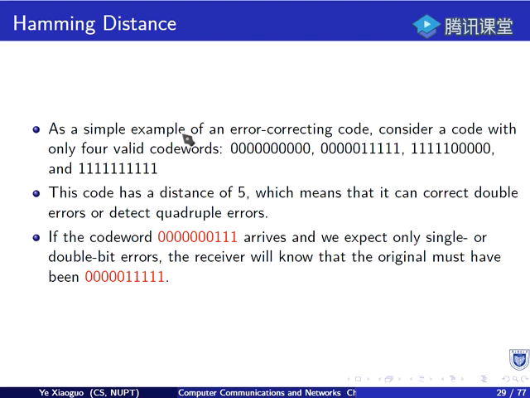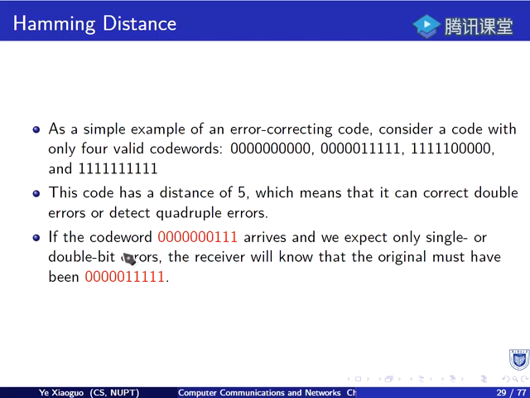As a simple example of an error correcting code, consider a code with only 4 valid code words. Just these 4 code words. This code has a distance of 5, which means that it can correct double errors or detect quadruple errors.